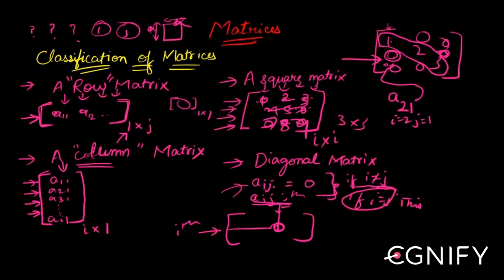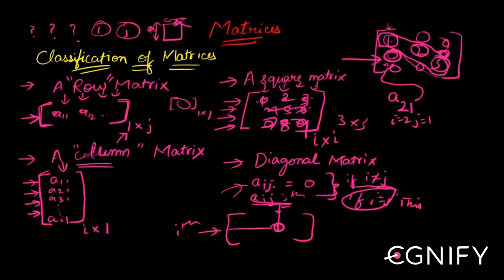This simply means that other than the diagonal elements, all other elements are 0, right? Even some of the diagonal elements can be 0 or non-zero, that's not the main thing here. The main thing here is the non-diagonal elements have to be 0. Okay, this is your A11, this is your A22, this is your A33, right?